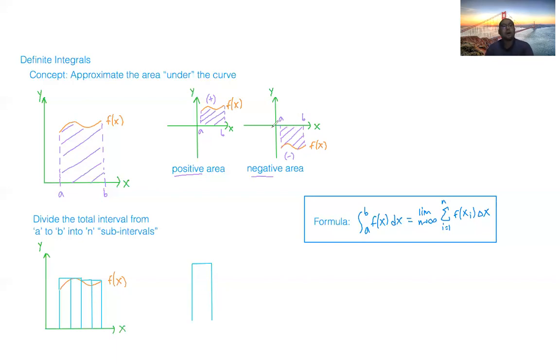And so one method, or the way in which we're going to approximate the area under the curve, is we are going to take the entire area, the entire blank space, and we're going to break it up into what we call subintervals.